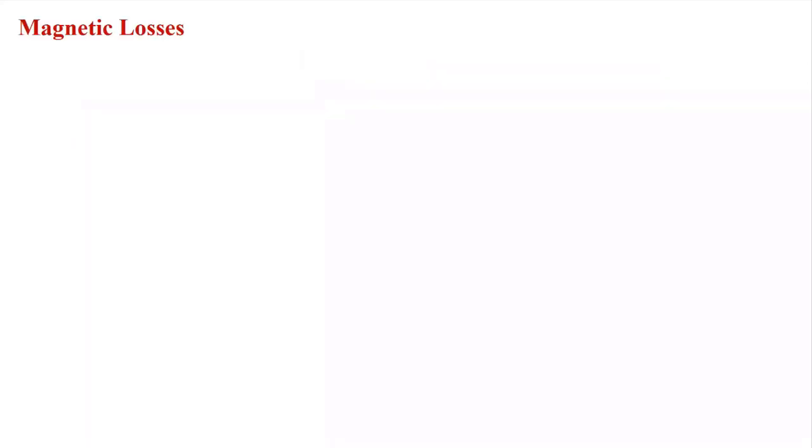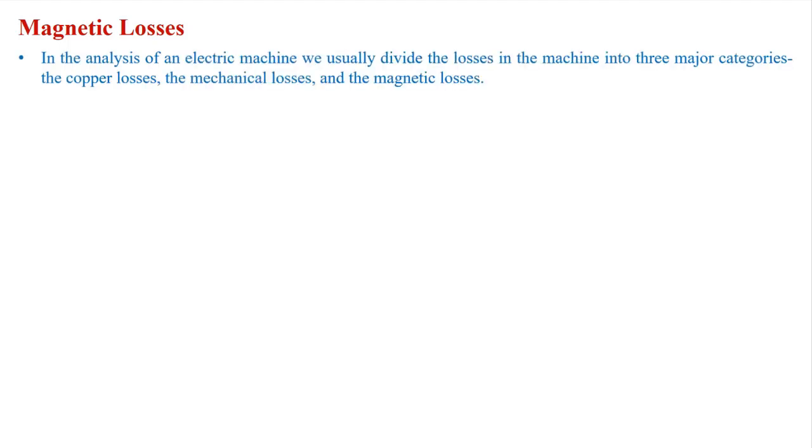So we'll talk about magnetic losses, and we know that in electrical machines, when we do performance analysis, these losses play an important role. When we consider a machine, we give some input energy and take some output energy in another form. Suppose I consider a generator.